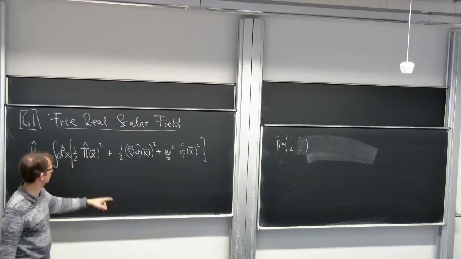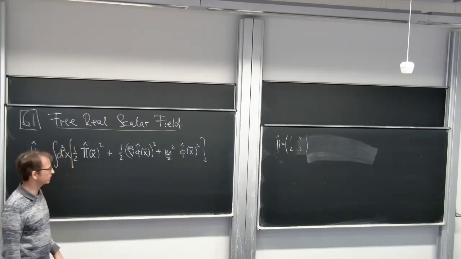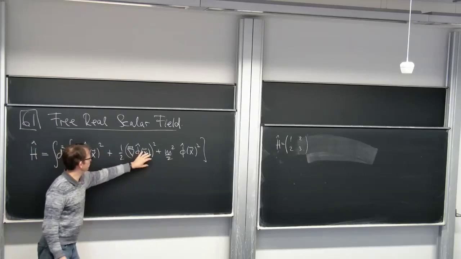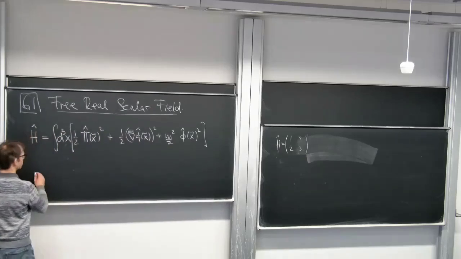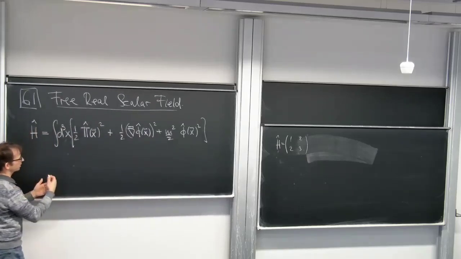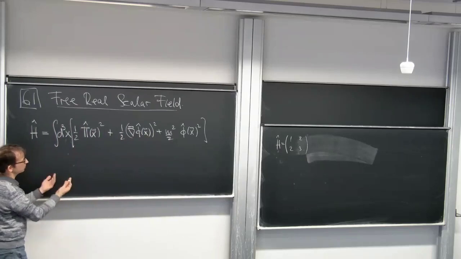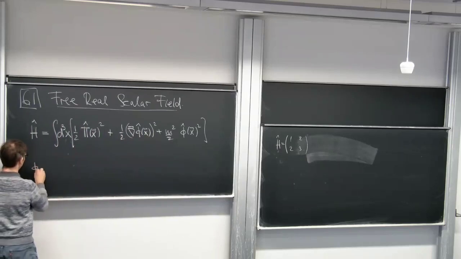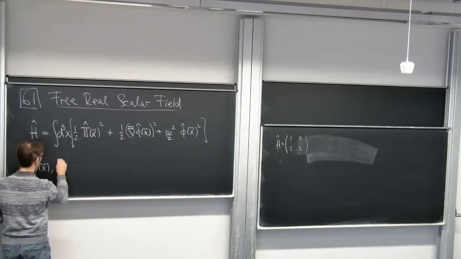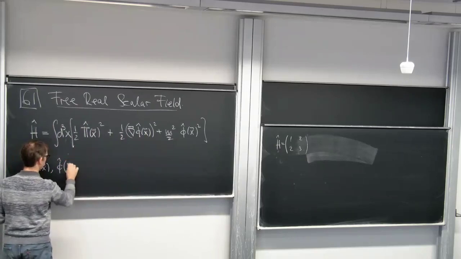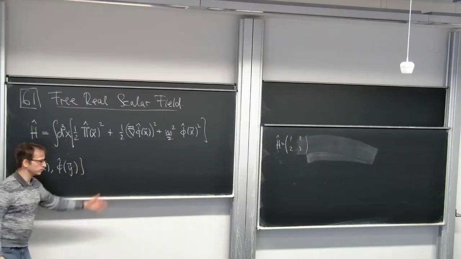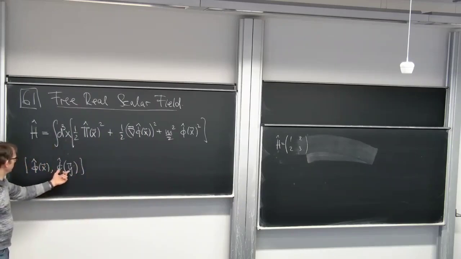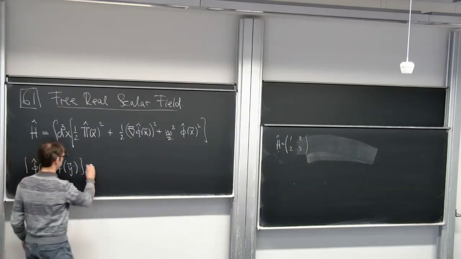However, it's not exactly this, because here we need to know something about these phis and pi's. And they don't tell us much. They just tell us that most of the time the order doesn't really matter. There's a phi for every point in space labeled by x. If you apply the phi operator to the element of the vector space, to its so-called state, at different locations in different order, it doesn't really matter.